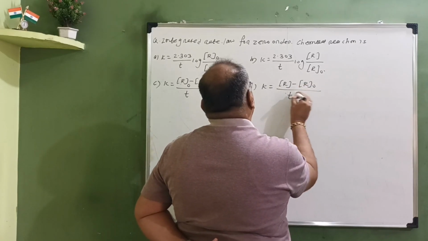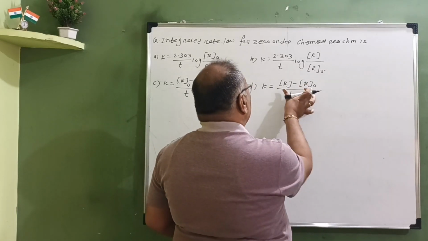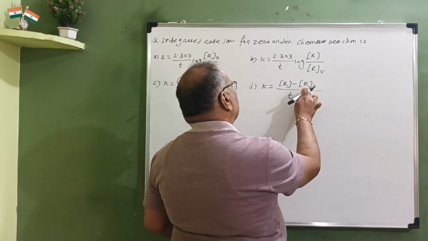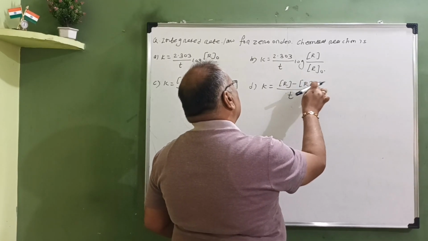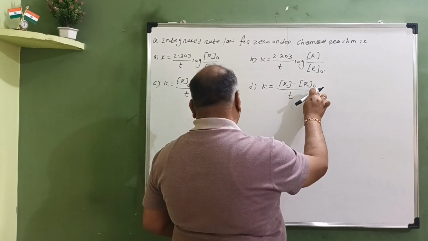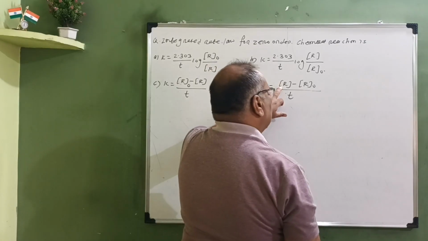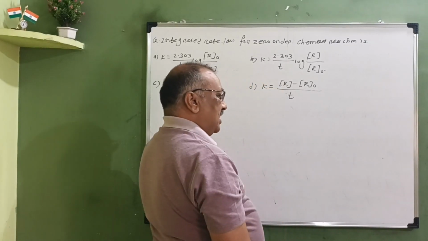Now how these terms are read? This term is read like this: concentration of reactant at time t is equal to 0. And how this term is read? This is the concentration of reactant after time t.